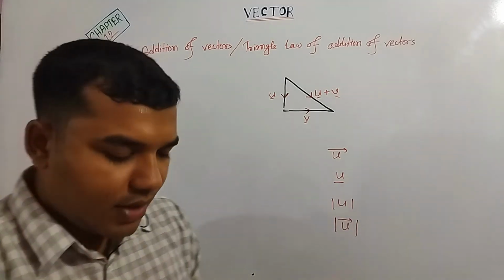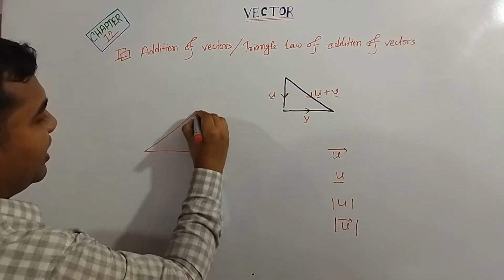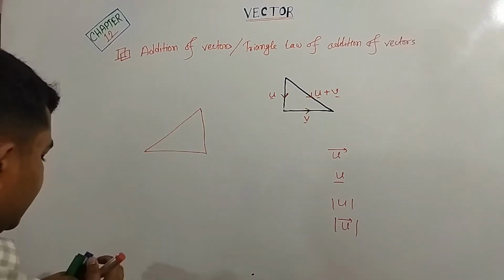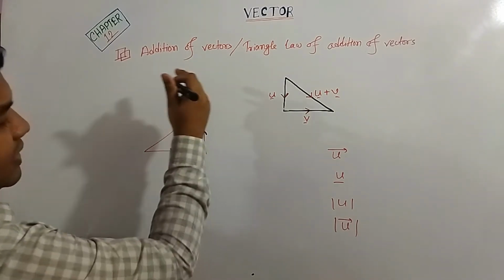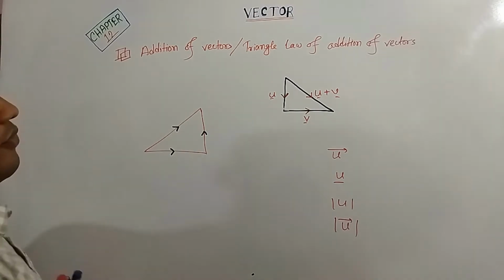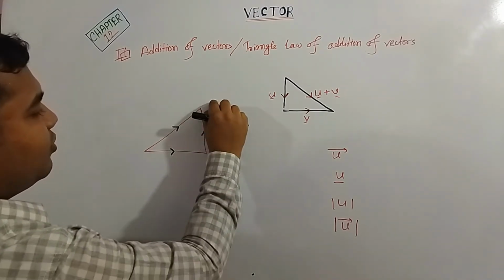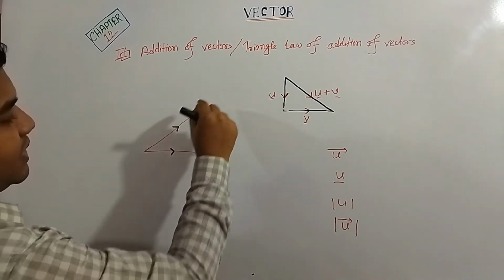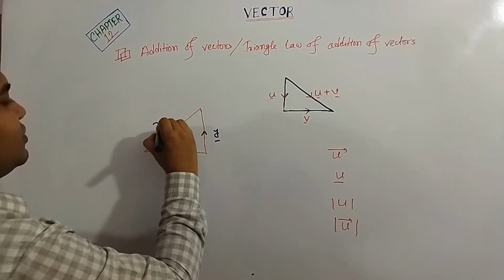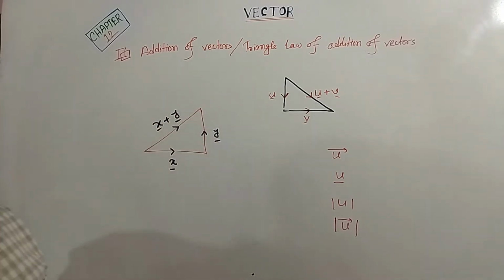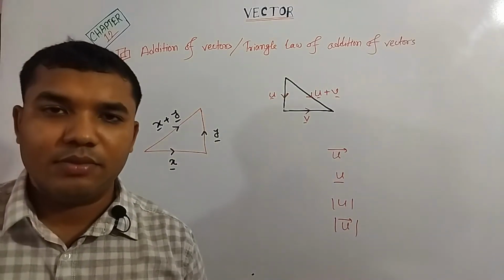Now let's have a look at an example. Say this is another triangle, and in this triangle these two are going this way, and here the flow has been restricted. So if one is x and the other is y, this vector should be x plus y. Clear? So this is a very simple rule for the triangle law of the addition of vectors.